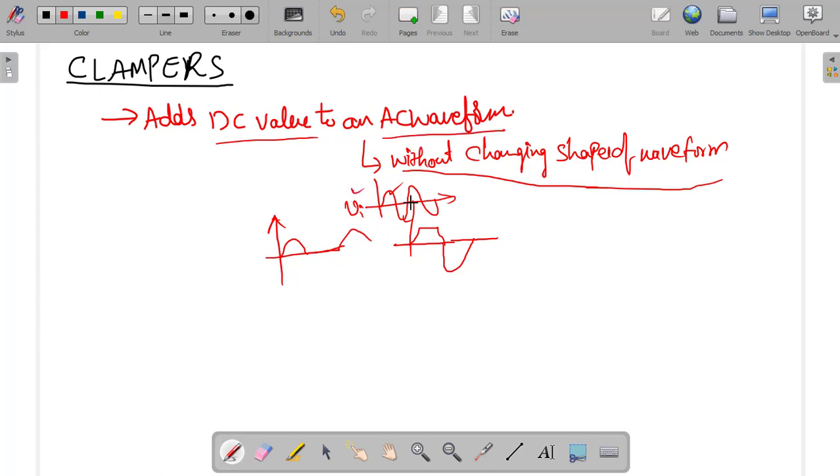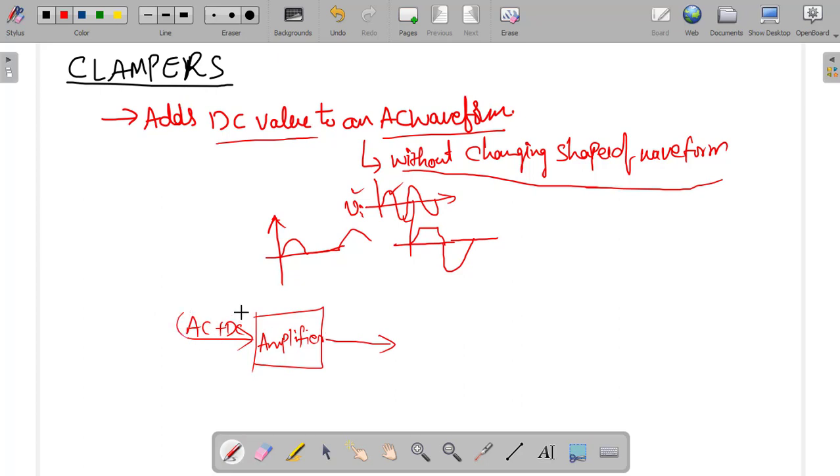Why is adding a DC value necessary for an AC waveform? Because if you take an amplifier circuit, we will learn about amplifiers in the coming classes. In an amplifier circuit, suppose I am sending a signal that is a combination of AC plus DC.